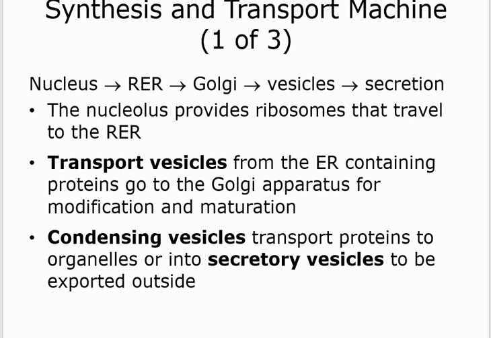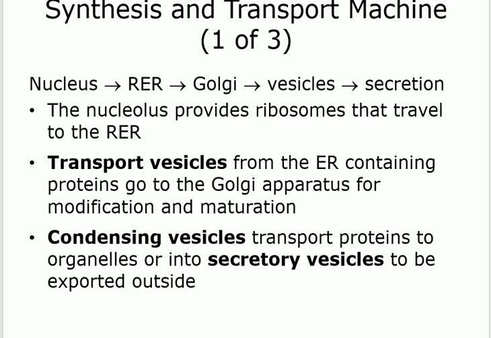The vesicles that come from the rough ER that contain the proteins, you call them transport vesicles. The condensing vesicles, on the other hand, are the ones that take the protein to the organelles or to secretory vesicles, which is moving toward the outside.